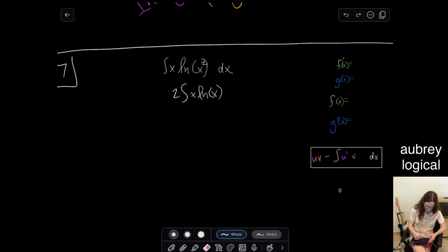Alright, so we have ln of x is going to be g of x, so 1 over x is going to be g prime of x. Let's make x our f prime, so then we're just going to have x squared over 2. And now we can plug in again. I guess I should call it differently.